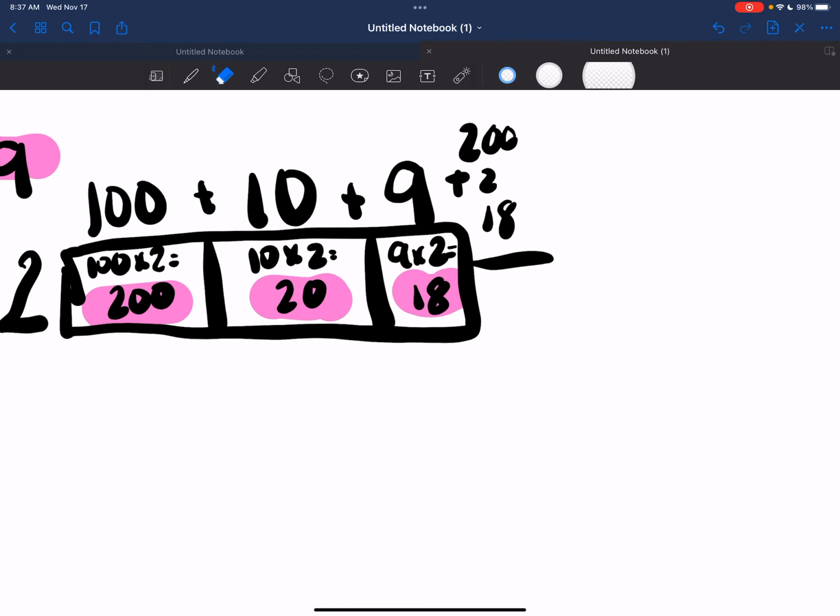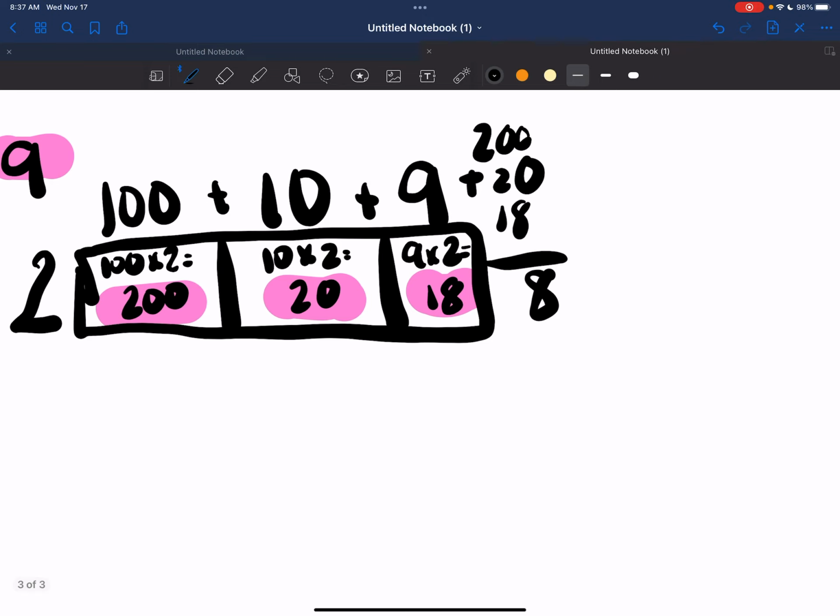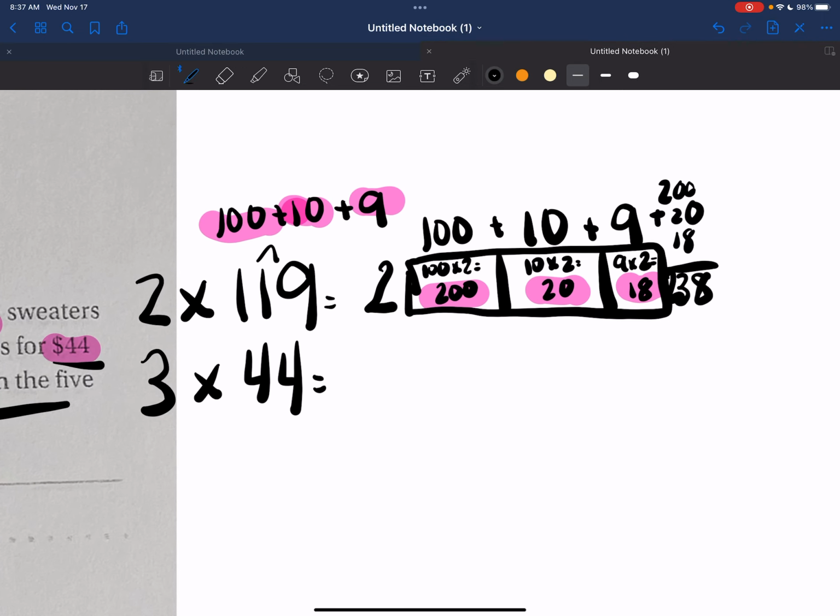Always start in my ones place. 0 plus 0 is 0. 0 plus 8 is 8. 0 plus 2 is 2. 2 plus 1 is 3. And 2 plus 0 is 2. So I can tell you that at buying 2 sweaters for $119 each, he spends $238 on those 2 sweaters.